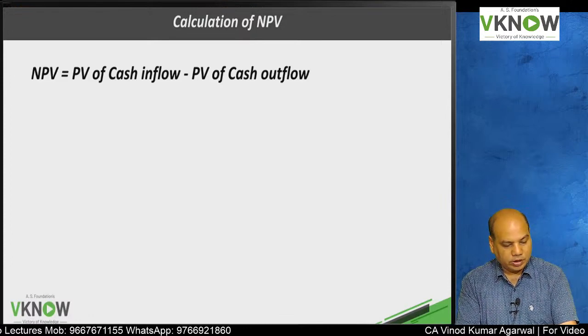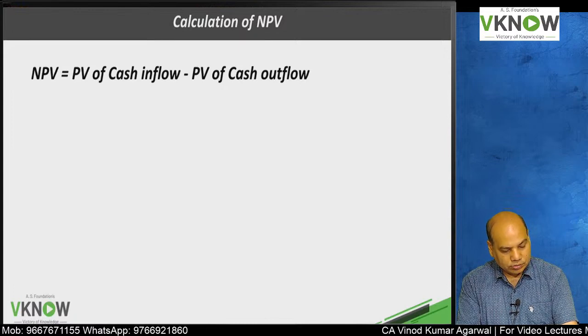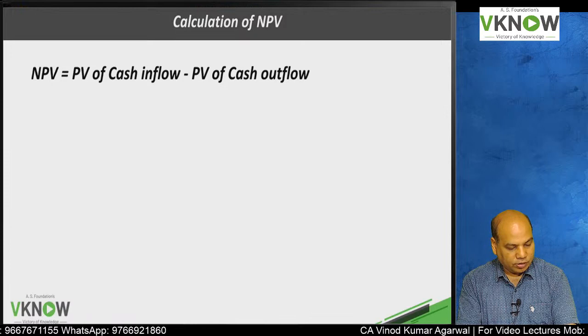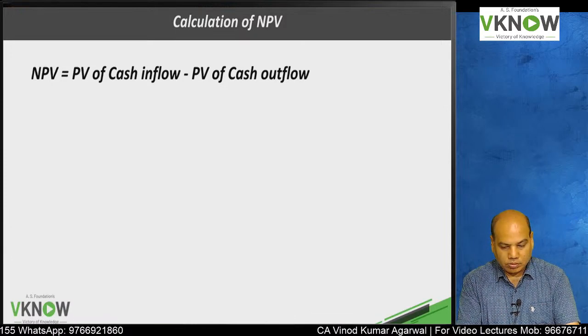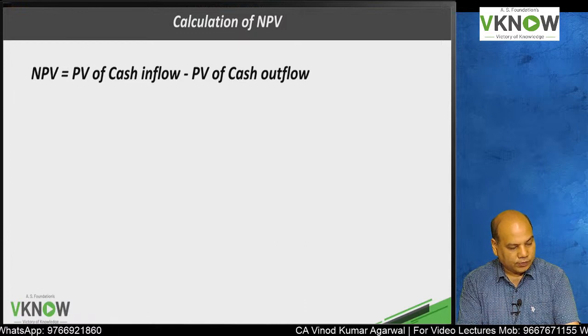Write down NPV equal to PV of cash inflow minus PV of cash outflow.